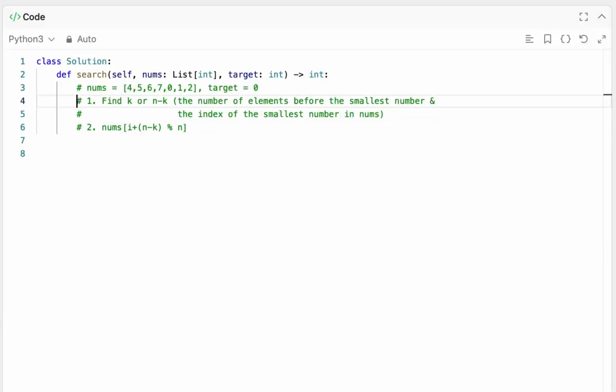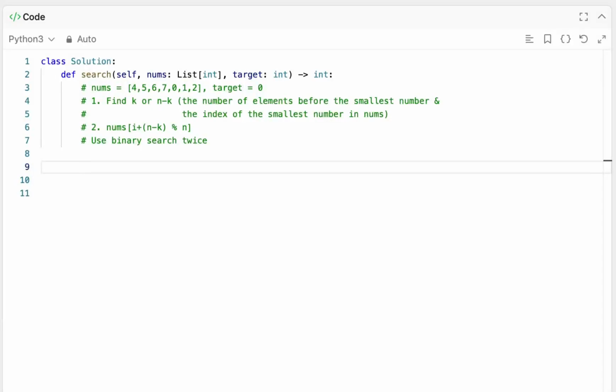And here I will use binary search twice. There we go.